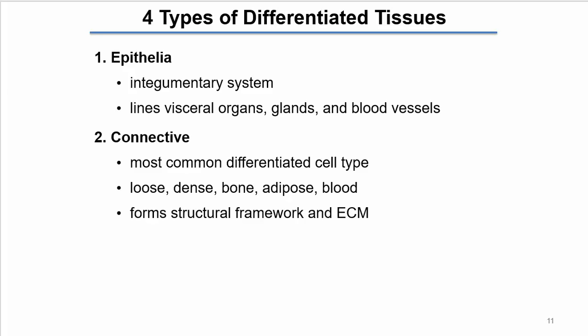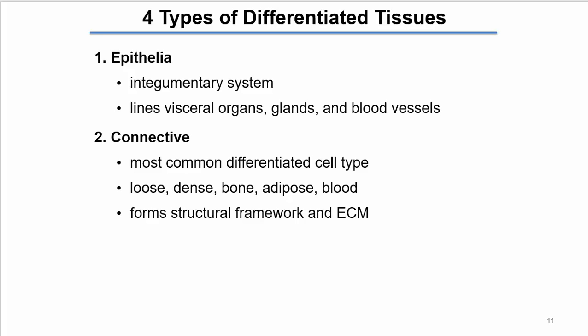Epithelia is the covering and lining tissue, and its glands. So it's skin, mucosa, endothelium of the blood vessels, that kind of thing. It's all that covering and lining or glandular tissue.